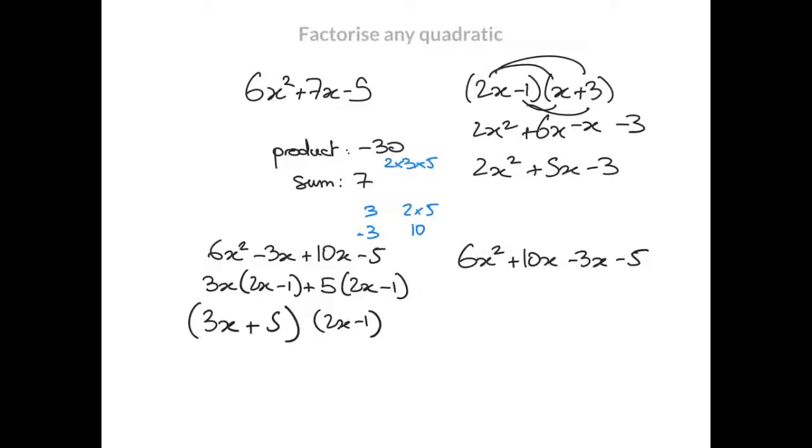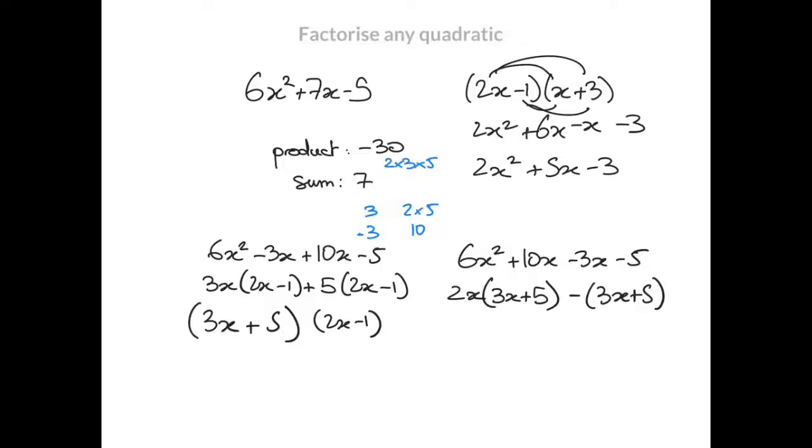Had we made a different choice and written plus 10x before minus 3x, let's see what would have happened from that. One common factor here in the first two terms is 2x, so we have 2x times 3x plus 2x times 5. For the last two terms, we can't really find a common factor, so we are just going to rewrite this as minus 3x plus 5, factorizing by minus 1, basically.